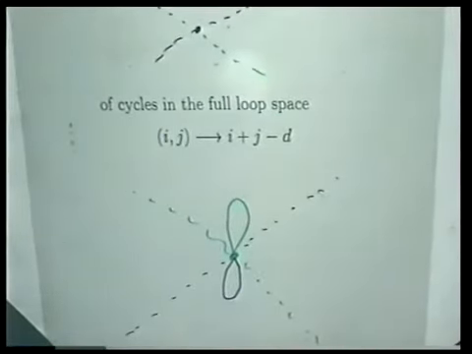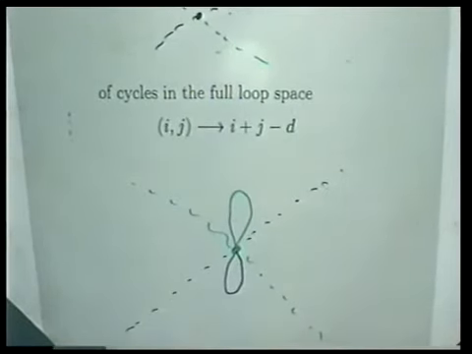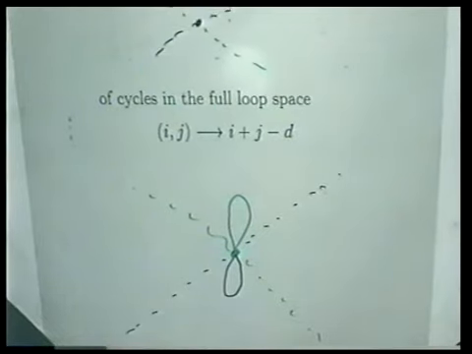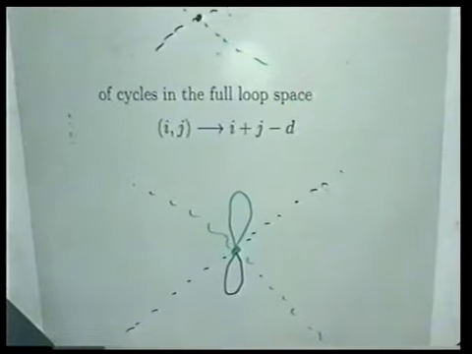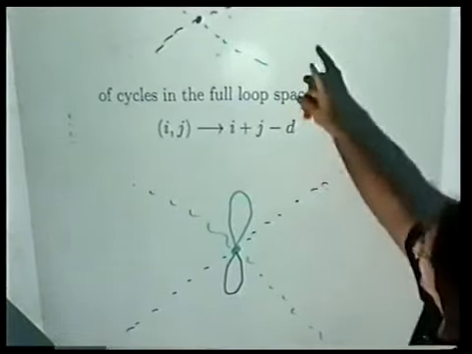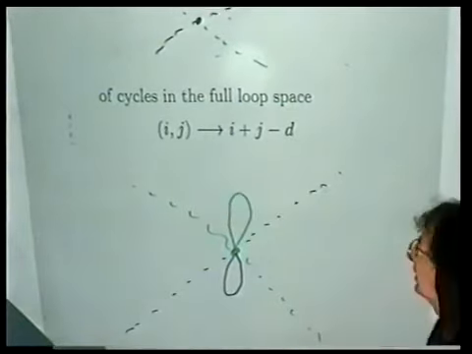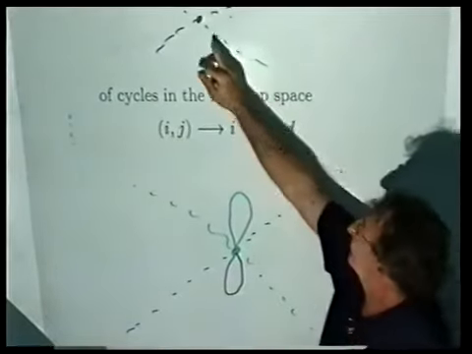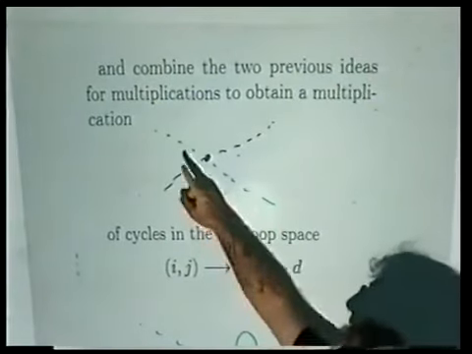So this, on the level of chains, defines a natural algebra structure on the free loop space of a manifold. Not of any space, of a manifold. The chains on it have a natural algebra structure. You just use the two previous discussions. This will take an I chain and a J chain and map it to an I plus J minus D chain, because you lose D dimensions by imposing the condition that the base points are equal.